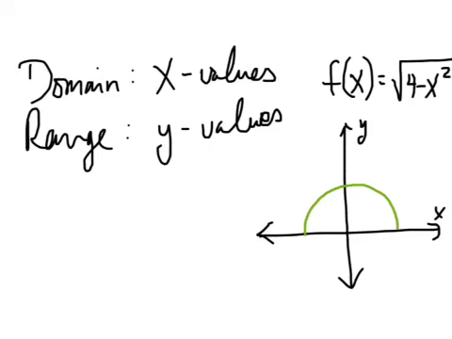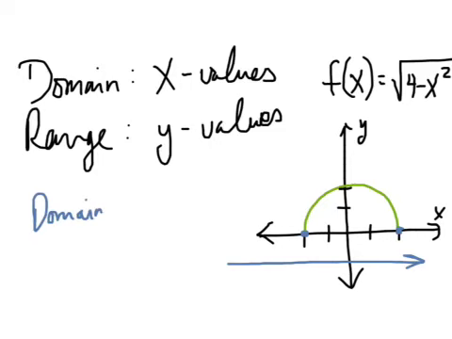Just like that. Then you'll have this on your graphing calculator, and it's up to you to determine where the domain and range are. When it refers to x values, they're referring to left to right. It looks like it starts at negative 2 and ends at positive 2.